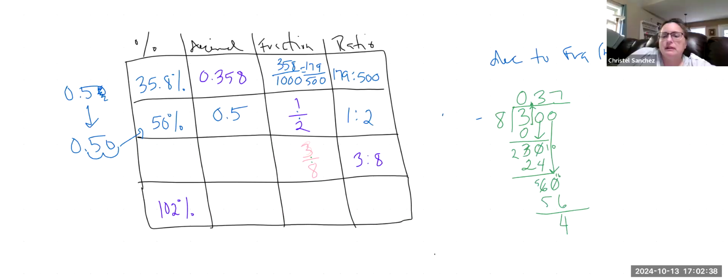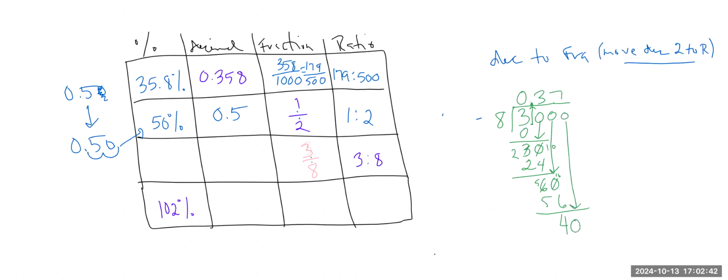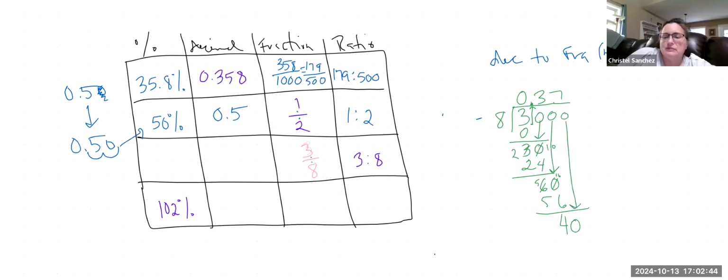All right, so when I bring that 0 down, can 8 go into 40? Yep, 5 times. 5 times 8 is 40. So what is my decimal? 0.375. That makes sense?